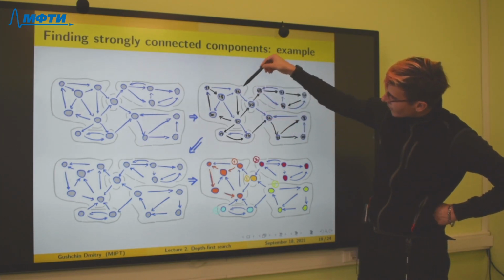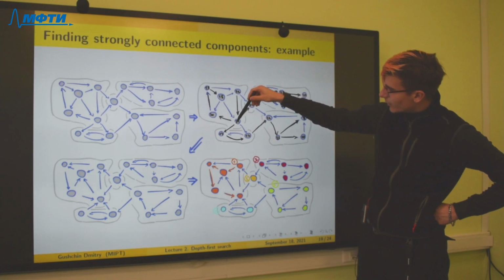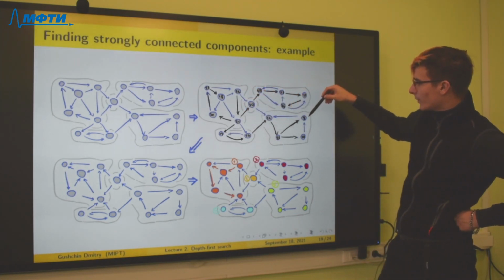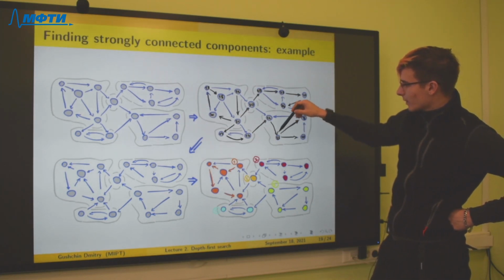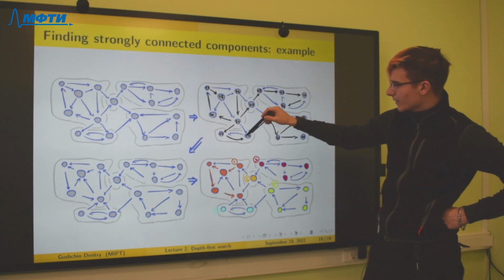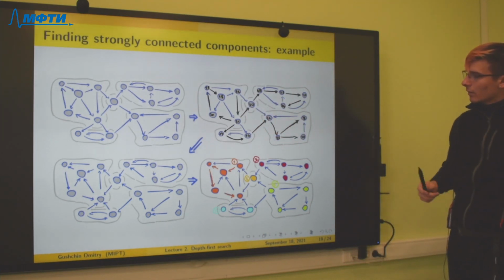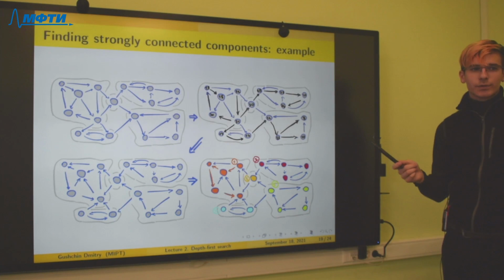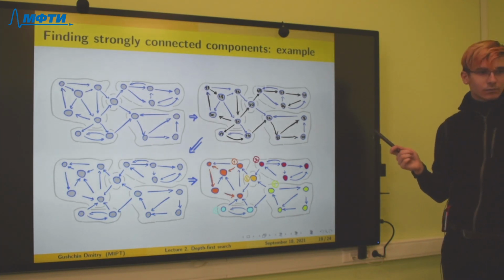We go to this vertex, then we finish with it, finish with it, finish with it, and the numbers on these vertices are equal to the finish time of our DFS.